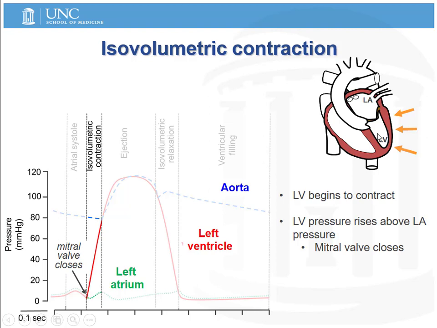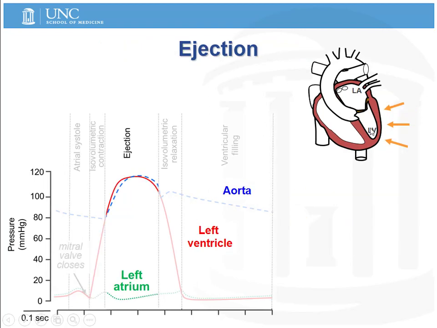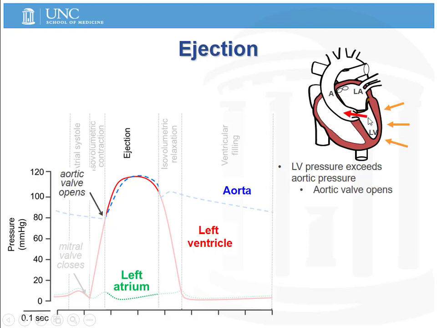And since there's no change in volume, there's a significant rise in pressure as the ventricular contraction continues. As the ventricle contracts, the ventricular pressure eventually rises above the aortic pressure, causing the aortic valve to open and allowing a pathway for blood to be ejected from the ventricle into the aorta.